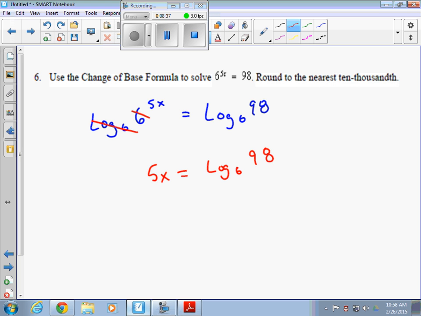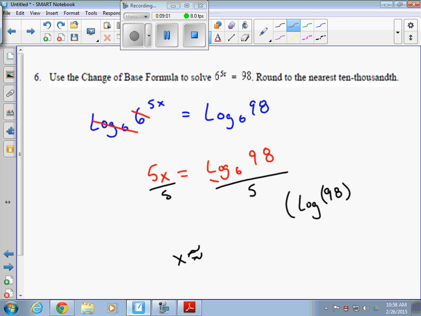And again, to get x by itself, you have to divide by 5. So again, it's an identical problem to the last one with just different numbers. You're going to have to add that extra set of parentheses for some calculators. Some of them you won't. But when you punch it in, you're going to punch it in like this. Log 98. Remember, you're changing the base.